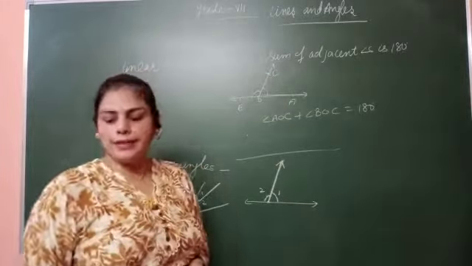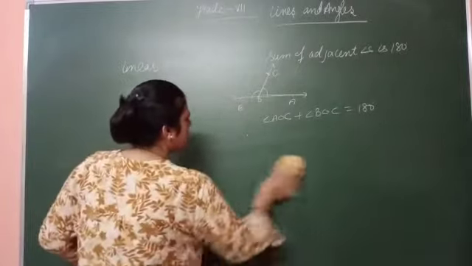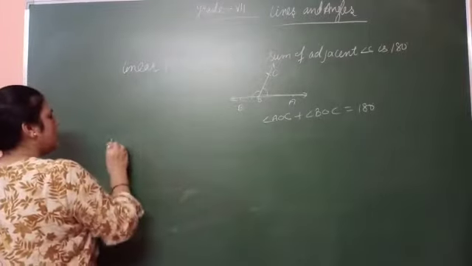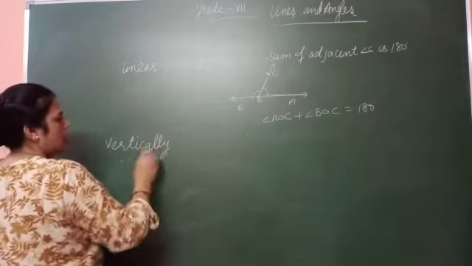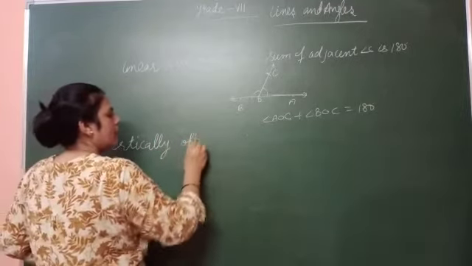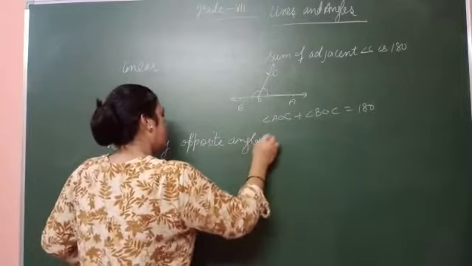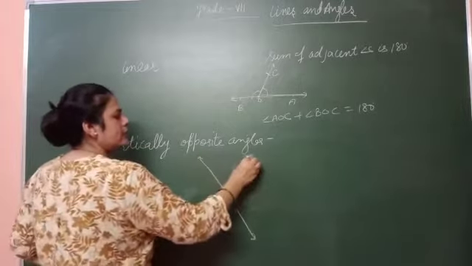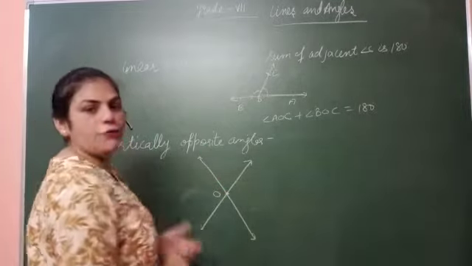Clear? Next, come to the vertically opposite angles. Vertically opposite angles are exactly opposite to each other. When are vertically opposite angles formed? When two lines intersect each other. You have two straight lines, and when they intersect at a point, they form angles.